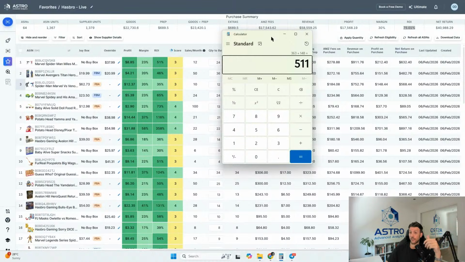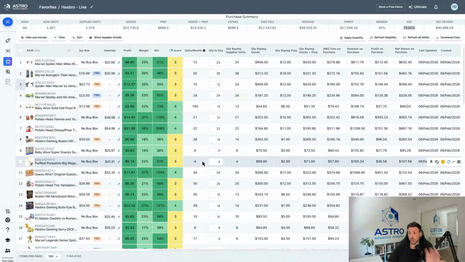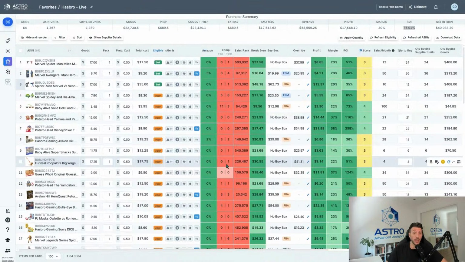So $511 from a $1,121 order. Also add the prep fee, probably around $1,200 together with the prep fee. So $511 divided by roughly $1,200, 42% ROI on this order. So not bad. And that's just on the products that I can actually sell at this point.